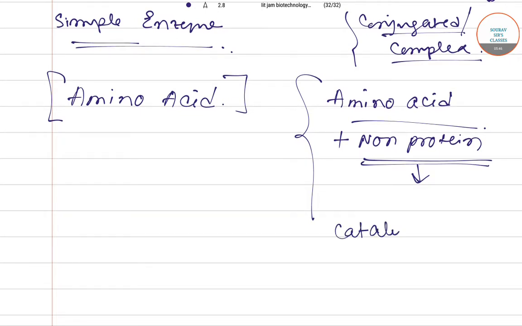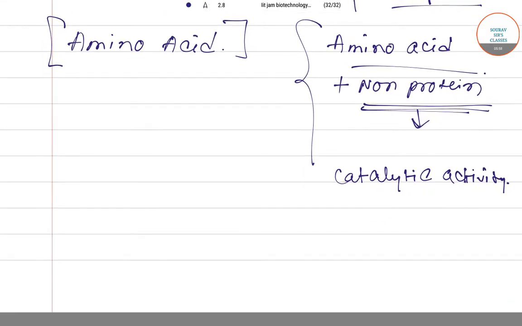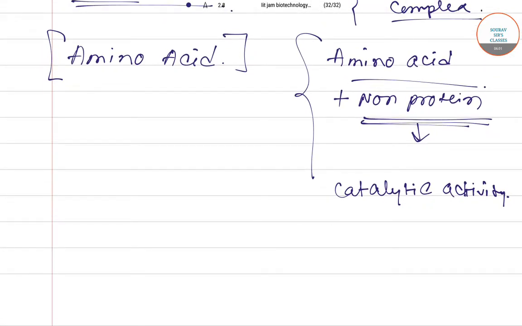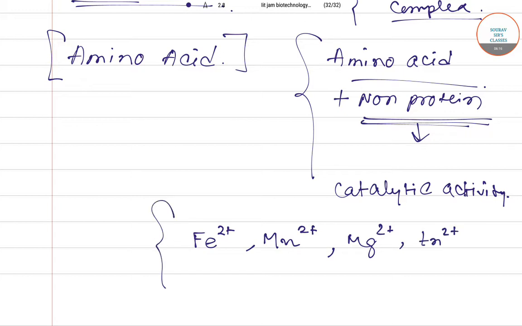So catalytic activity is the function of this non-protein part. This non-protein group can be inorganic, like ferrum, manganese, magnesium, zinc, etc. These are the normal non-protein inorganic factors that help in catalytic activity.